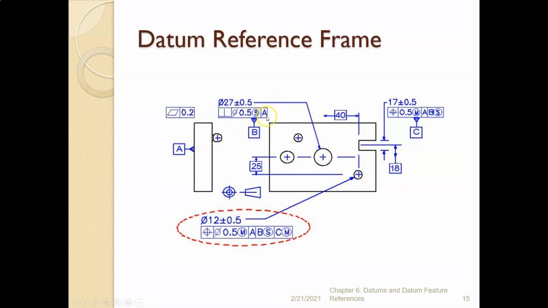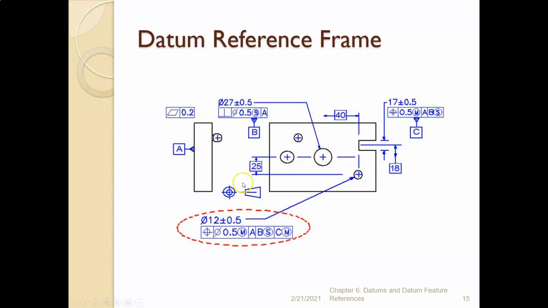Well, we have A, we have AB. I'm going to ignore the S because that's RMB, regardless of material boundary. So AB. So we have A, AB, and ABCM. So we have 3 datum reference frames for this part.